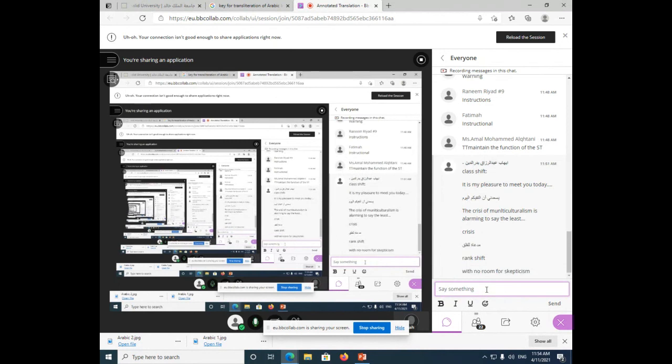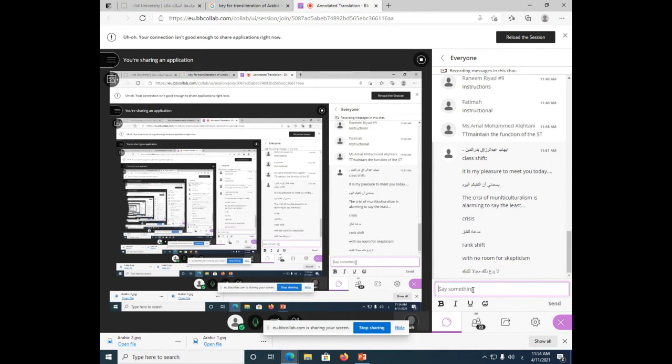As you see, this is a prepositional phrase because it starts with a preposition, right? But in Arabic, we can translate it as a complete sentence: لا يدع ذلك مجالا للشك. لاحظوا. So this we call rank or unit shift.